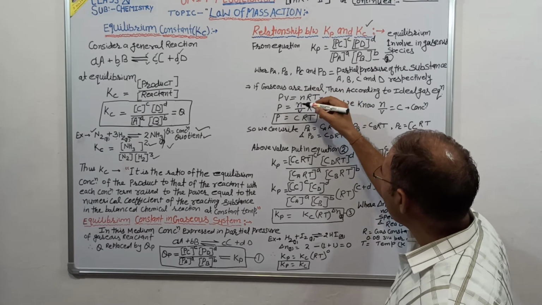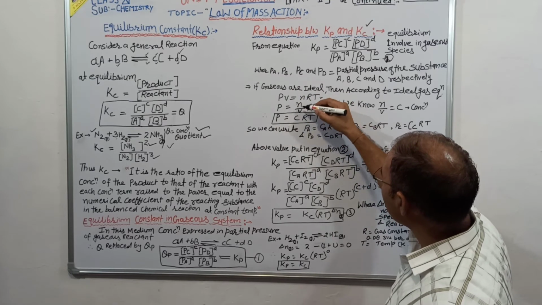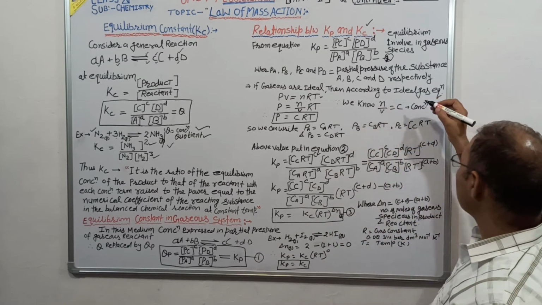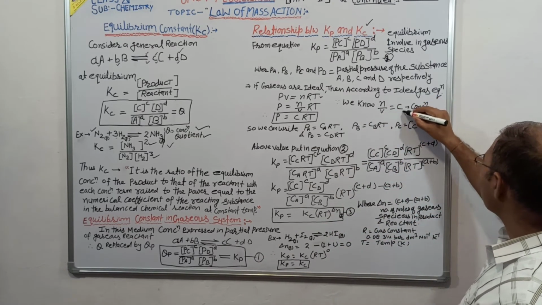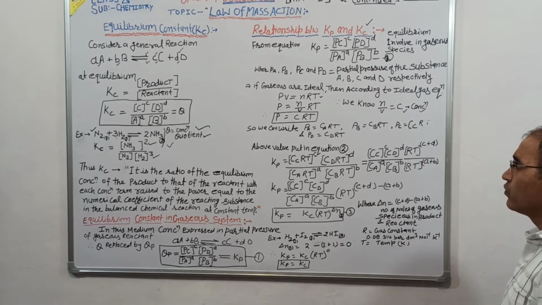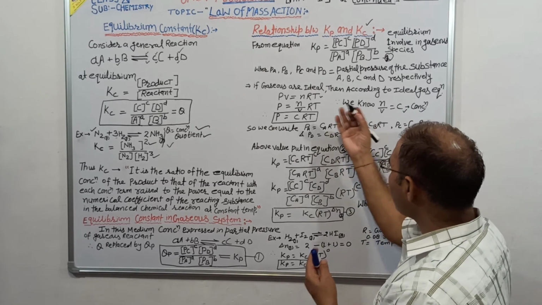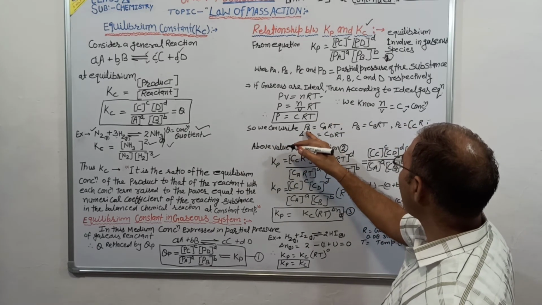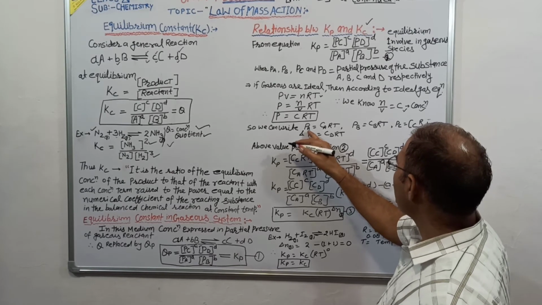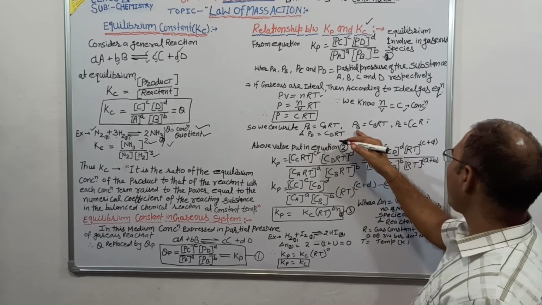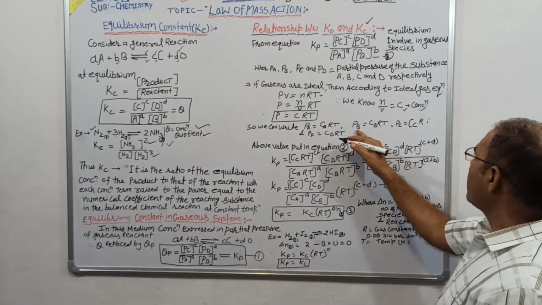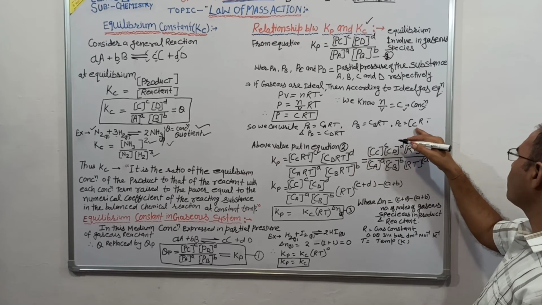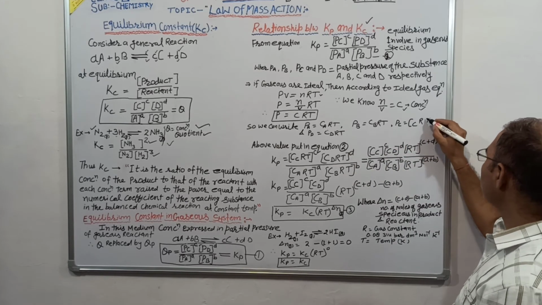Rearranging, P is equal to n upon V times RT, and we know that n upon V is equal to C, the concentration. So we can write the partial pressure of A as CaRT, of B as CbRT, and of C as CcRT.